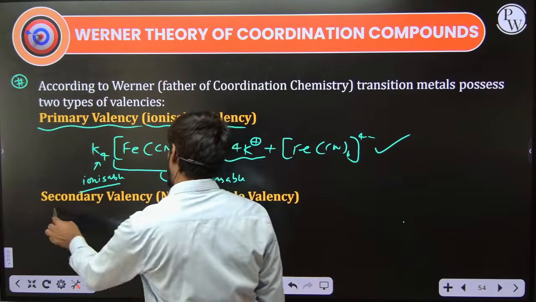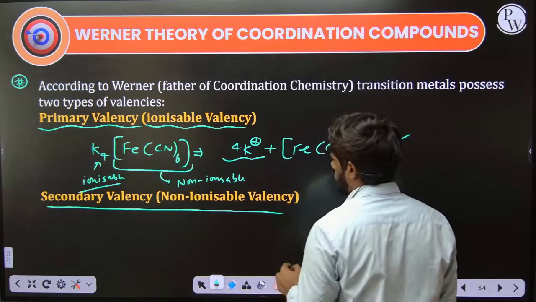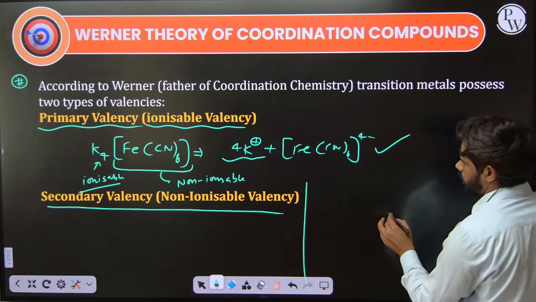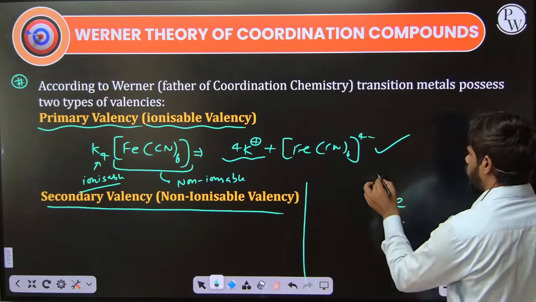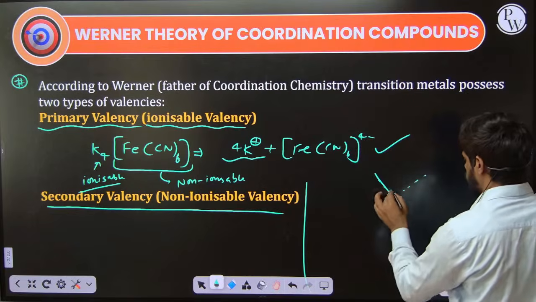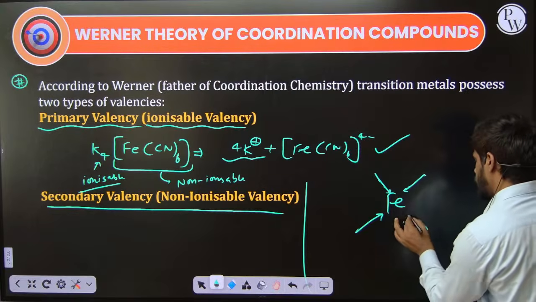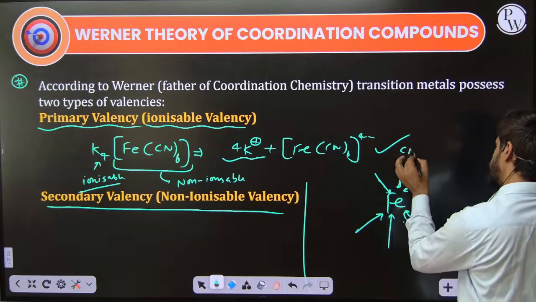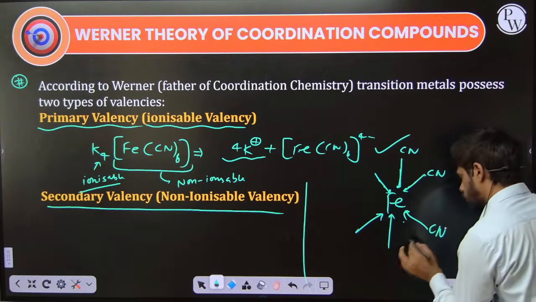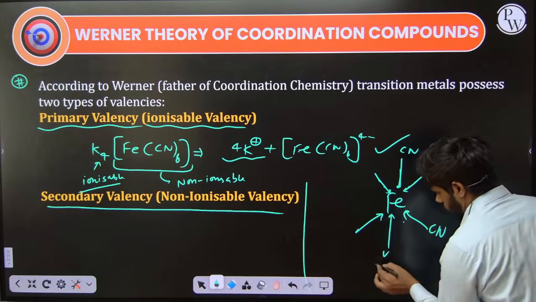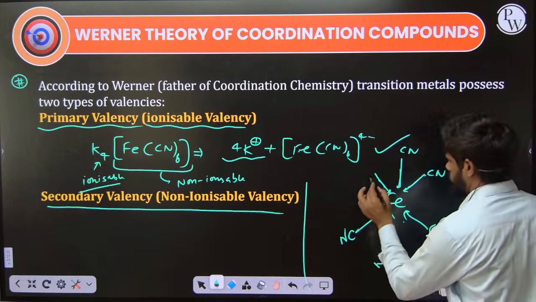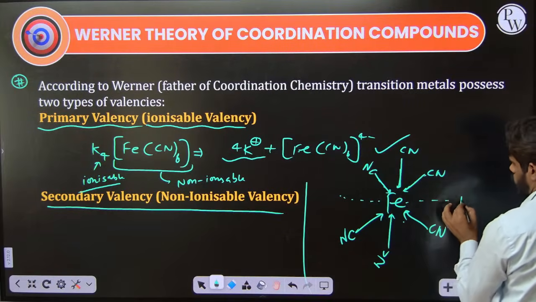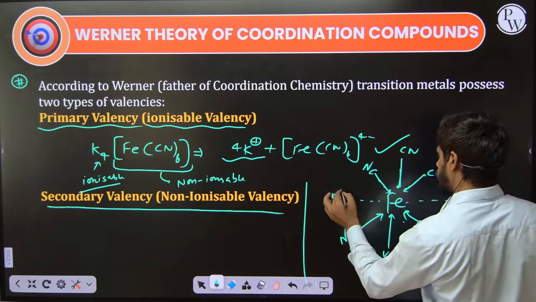The secondary valency is about non-ionizable ions. So for the secondary valency and primary valency of this complex, Fe is coordinated with the 6 cyanide, and the other ions connected are potassium plus.